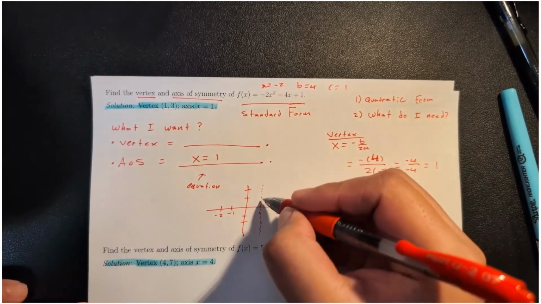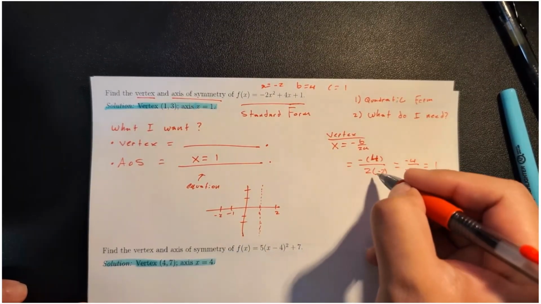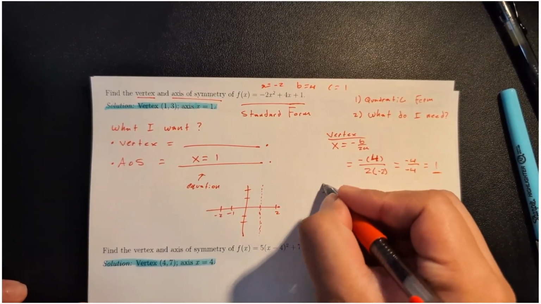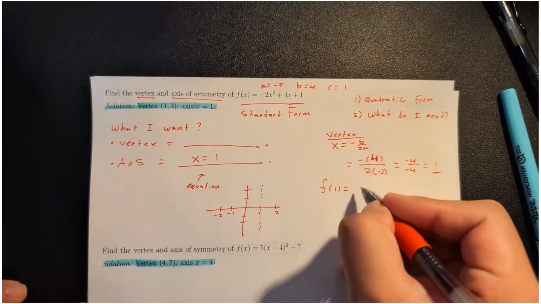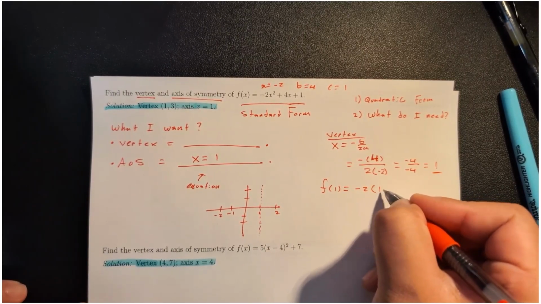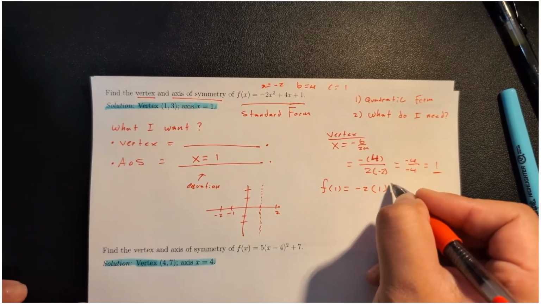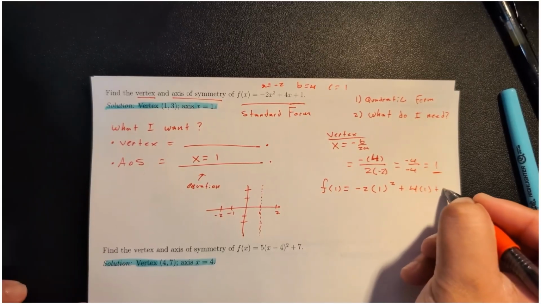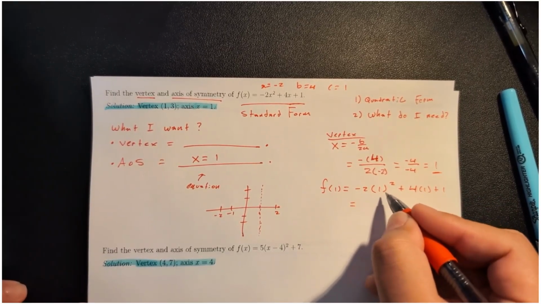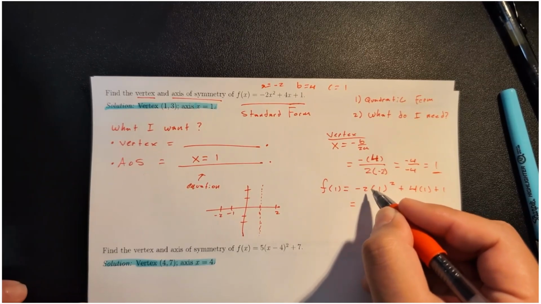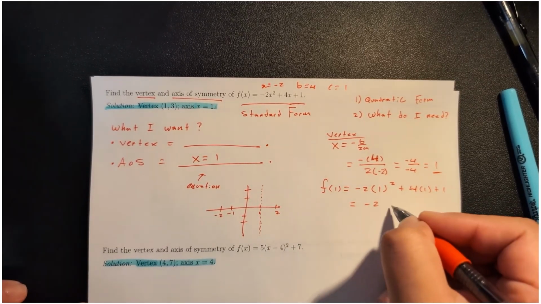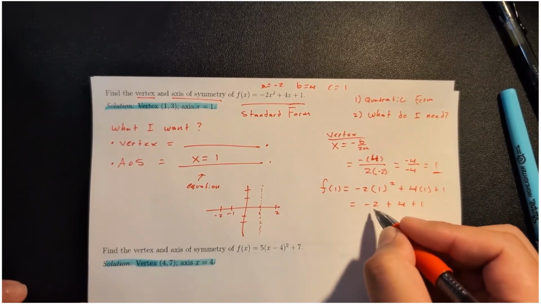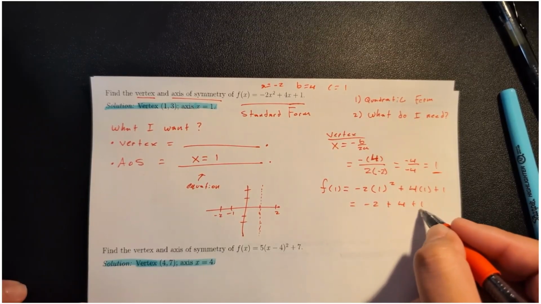So to find how high my vertex is, I just plug my 1 into my quadratic. So I find f of 1. So this is negative 2 times 1 squared plus 4 times 1 plus 1. So negative 2 times 1 squared, that's just 1. 1 times negative 2 is negative 2. Plus 4 plus 1, negative 2, 2, 3, so 3.